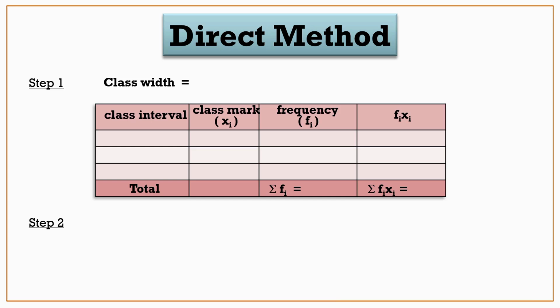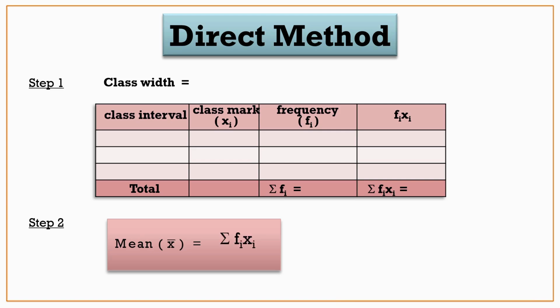Similarly, the summation of fi xi means adding all the fi xi values from that column. Then the next step is the mean, which we represent as x bar. That is equal to the summation of fi xi divided by the summation of fi. So this will be the mean value.